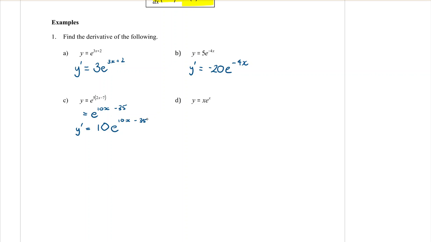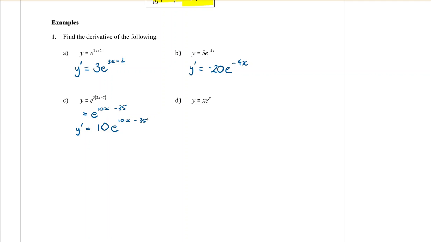Part D, x e to the x. Looks innocent enough. But who can tell me the catch with this question? No one knows?